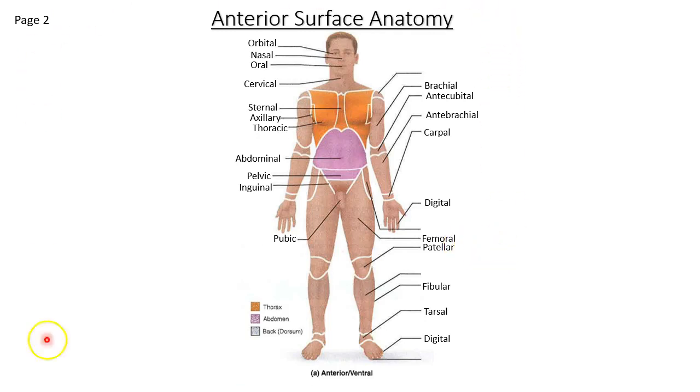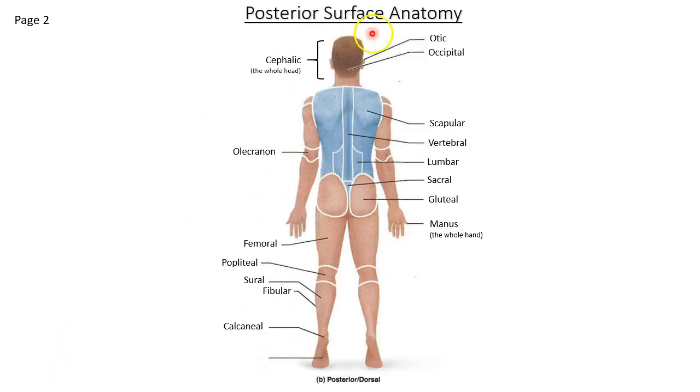So again, take a screenshot of this and go over it with your friends. Perhaps you and a friend can point to each part and quiz each other. That'll be the same for the posterior surface anatomy, the stuff on the back. Or just print this out and white out all the stuff, and then try to fill it in.